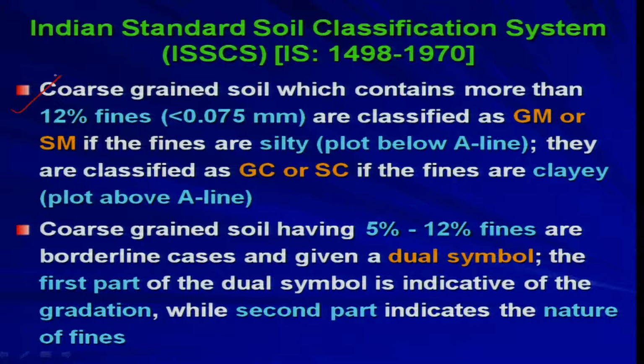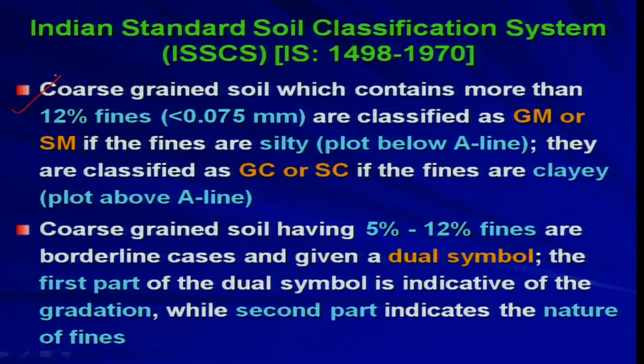Now, coarse grain soil having 5% to 12% fines are borderline cases, because it is not fully coarse grained or not fully fine grained. It is of course the coarse grain soil, but these borderline cases are given a dual symbol, because it is not governed by the fine content, or fully by the gradation of the coarse grain soil.